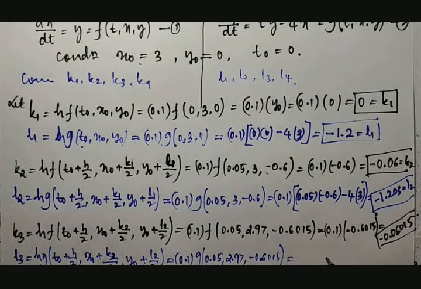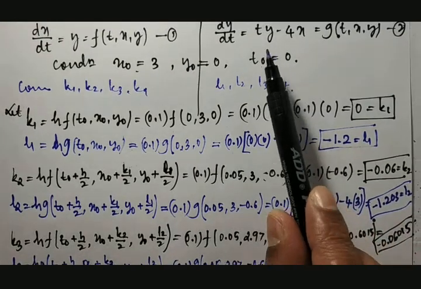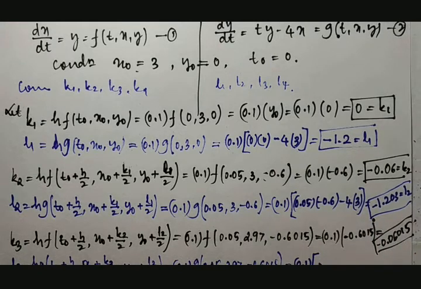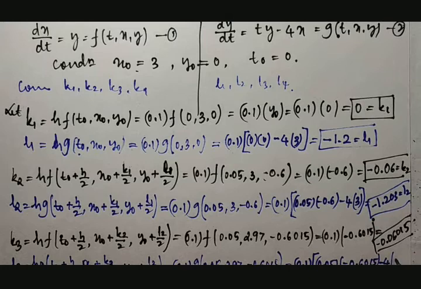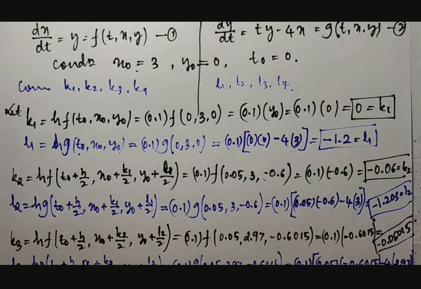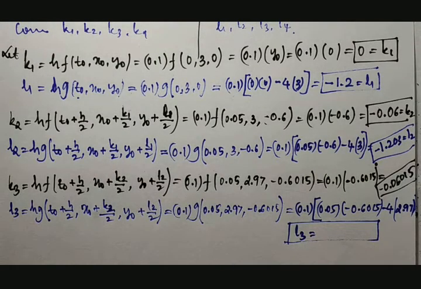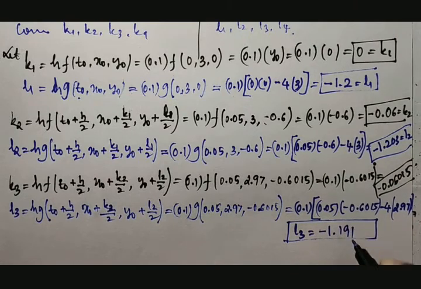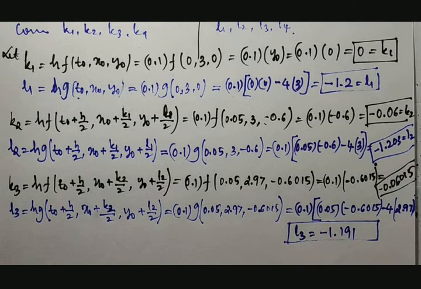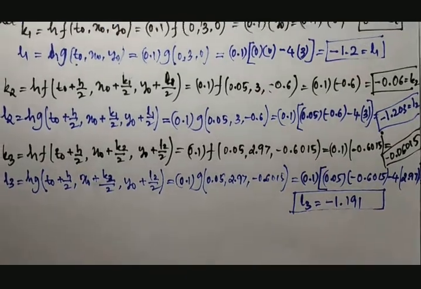Similarly, if you substitute the result, then it will be equal to 0.1 into ty minus 4x, t 0.05 into y is minus 0.6015 minus 4 into x is 2.97. Therefore, L3 is equal to minus 1.191.